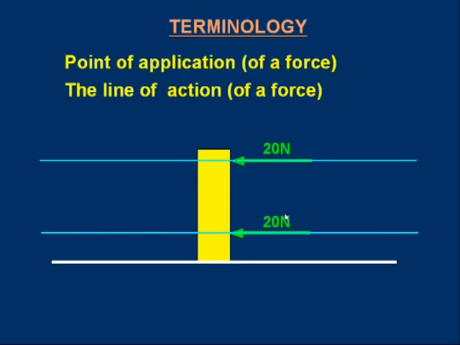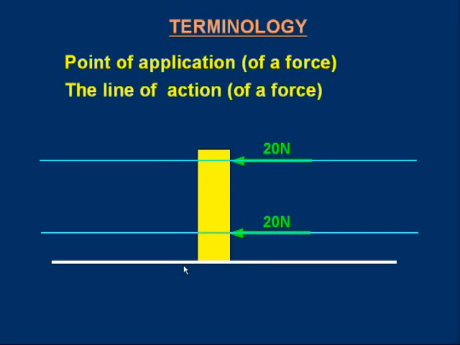Now, which of these two forces would you think will easily make the block topple over, assuming the friction down here cannot allow it to slide? You know from experience that this 20 Newton force at the top is more likely to make this topple over. And the turning effect of this force depends on how far it is from the ground.